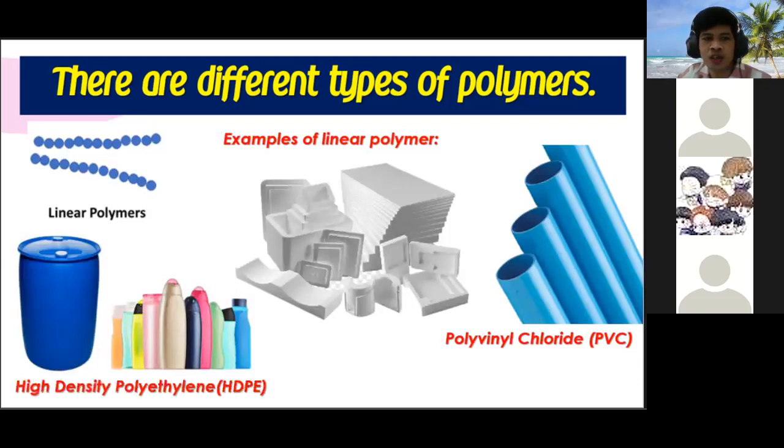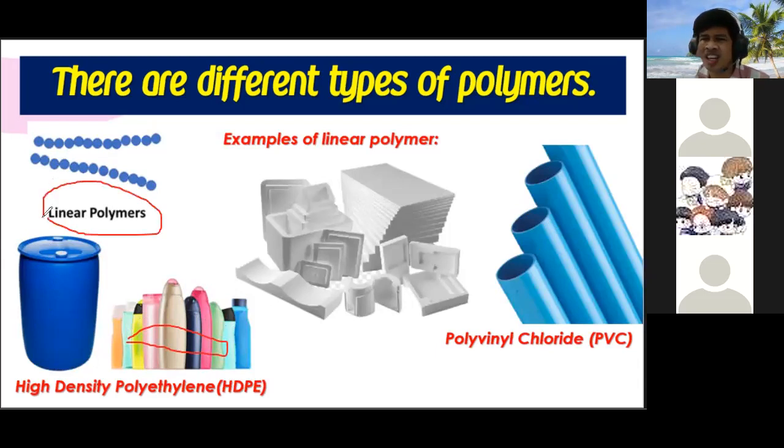The third is high density polyethylene, or HDPE, like a chemical container, shampoo bottles, and lotion or powder bottles. They are linear polymers.